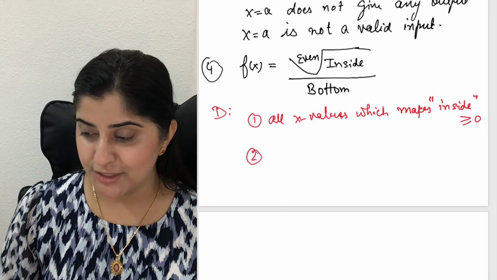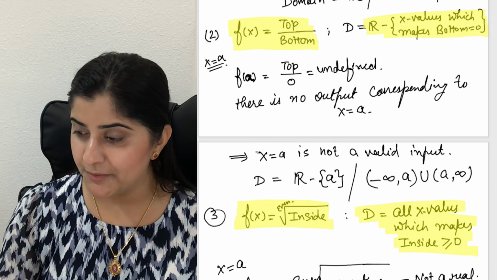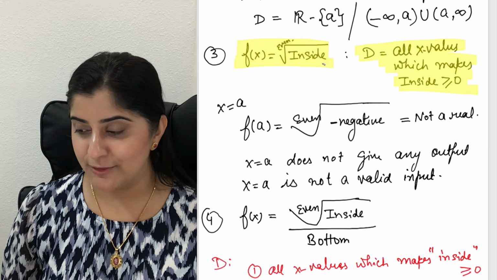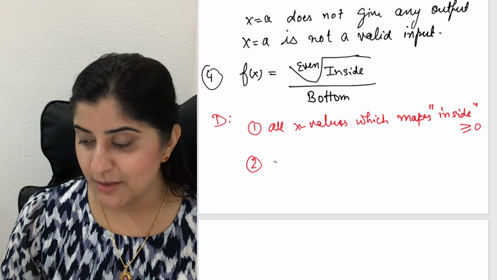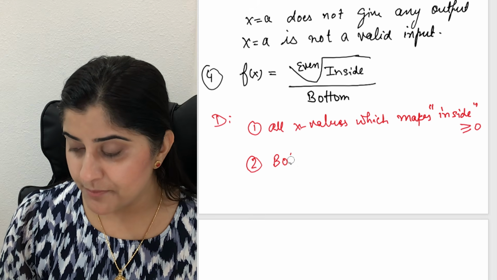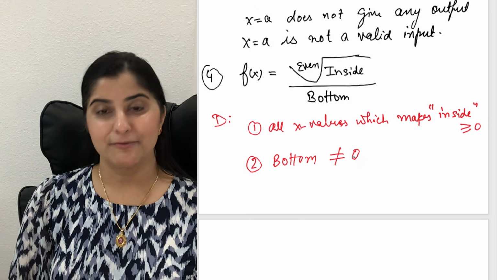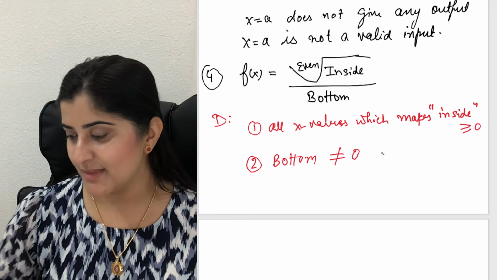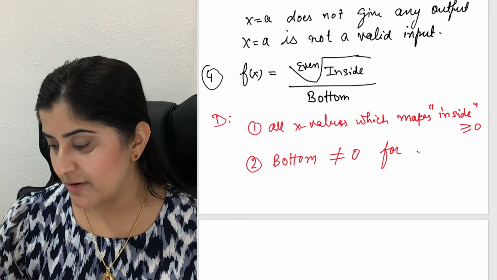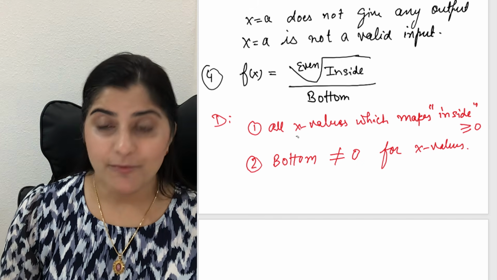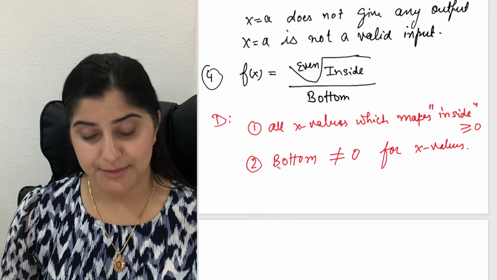And second condition, that we had for the bottom, we don't want x values which make your bottom 0. So you can say that the bottom should not be equal to 0 for any x values. So now we have to combine both conditions.